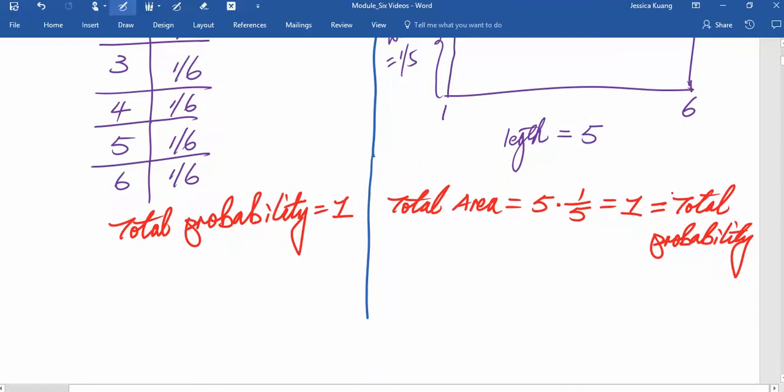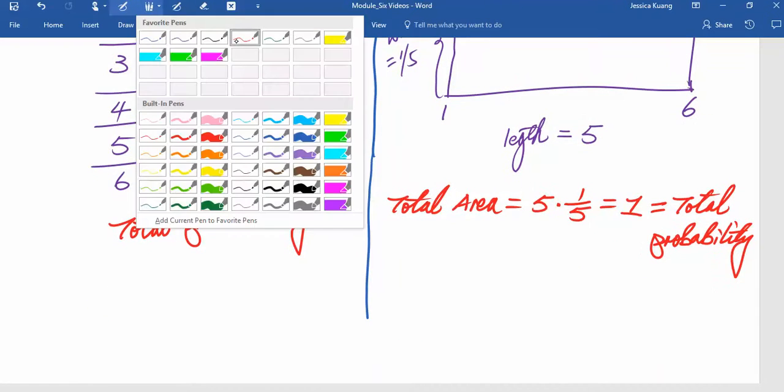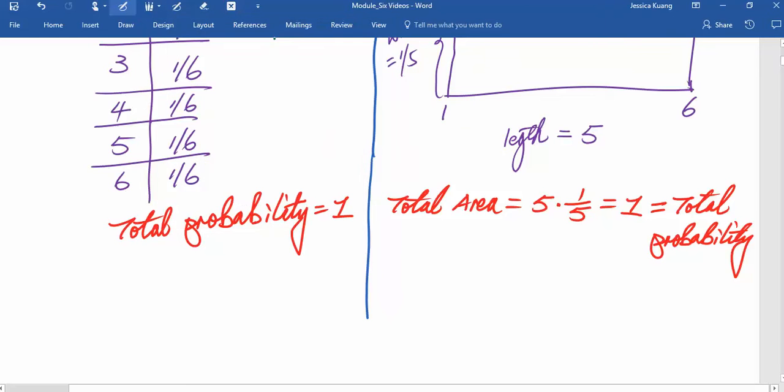Another thing I'd like to point out is, for discrete random variable, in general, we know that the probability of x greater than or equal to 2 does not equal the probability of x strictly greater than this particular value.